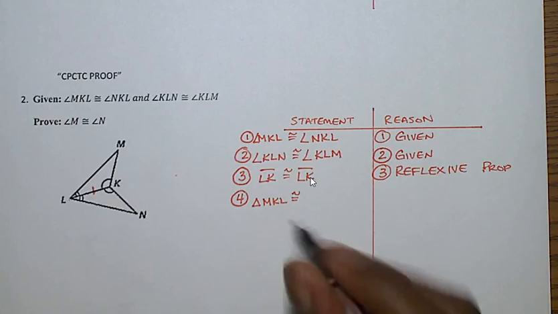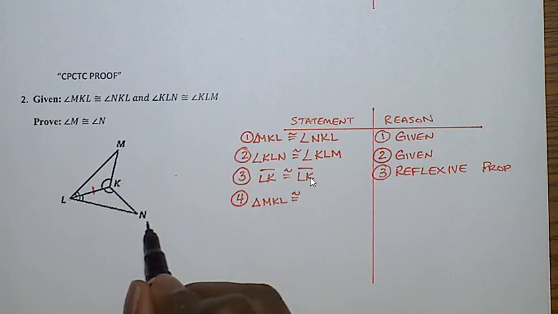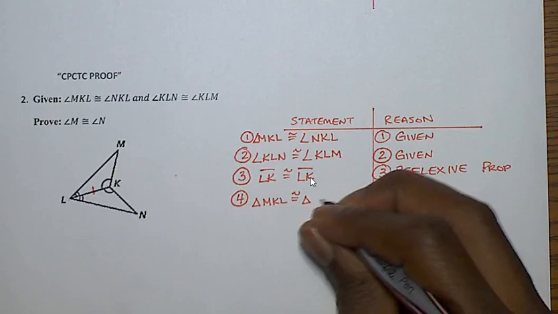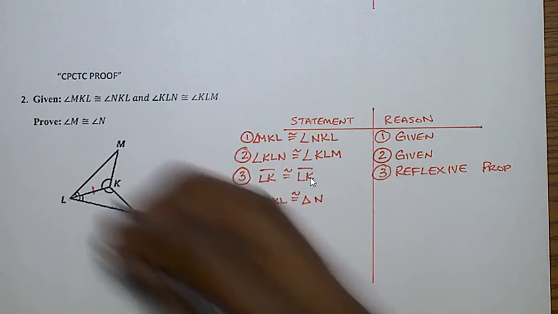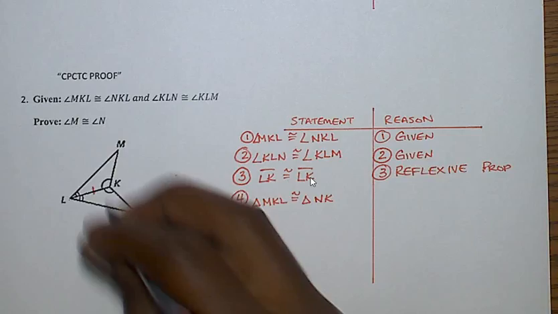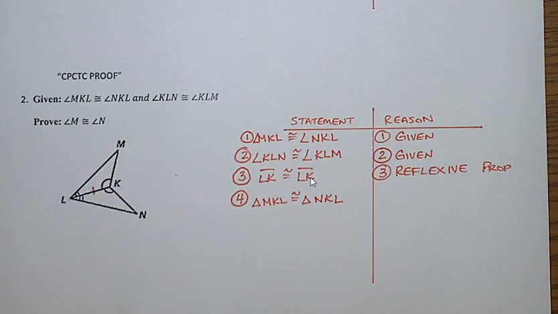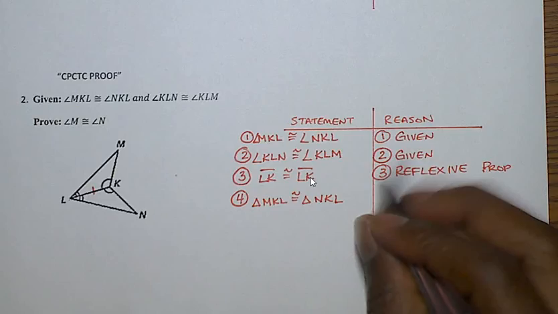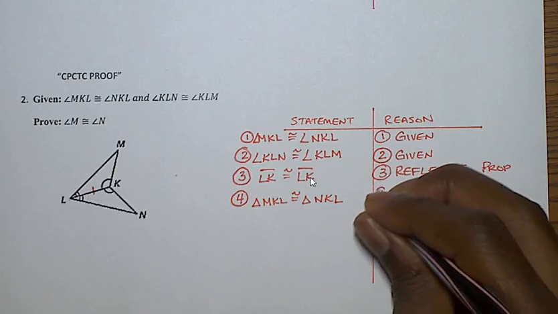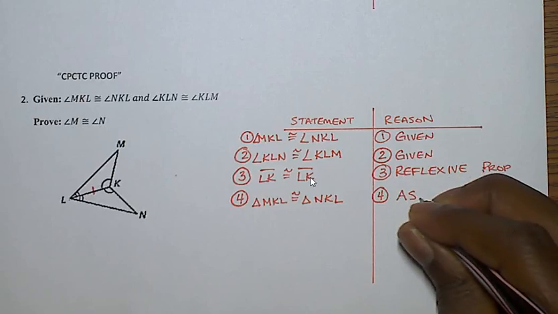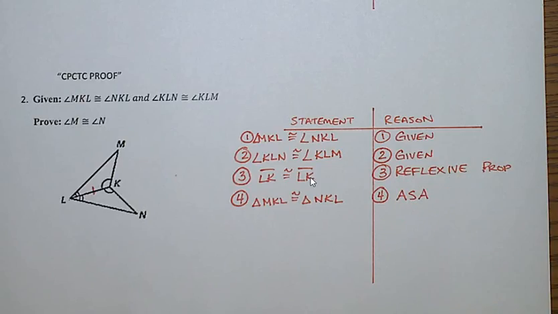So I'll do the same thing in my second triangle: from not marked N, to one mark K, to two marks L. And now these two triangles are congruent, like we said before, because of angle, side, angle. That side is included, in between those two angles, so it works that way.